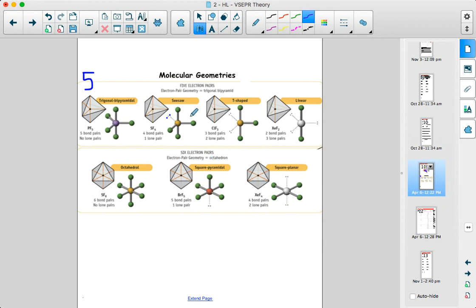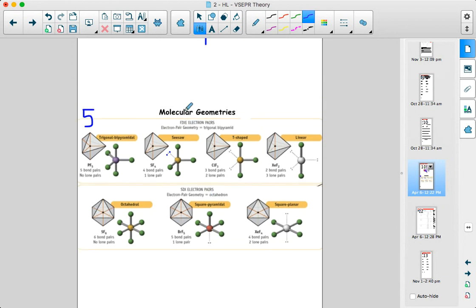It's not symmetric, and it's actually referred to as seesaw. If you were to draw 2 of the groups like this, and the other 2 groups sticking out like that, it would look like a seesaw that could teeter back and forth. And the 5th group is a lone pair there instead of a 5th bonded atom. So when you have 1 lone pair with 5 electron domains, you end up with a seesaw shape.